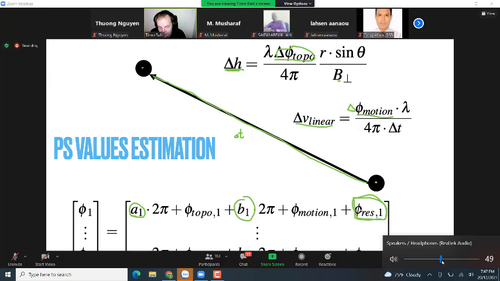In that case, we can solve for them. So the trick is that these two points have to be close together, and then the atmospheric phase will be in that residual, but it's so small that we can still solve for the rest.